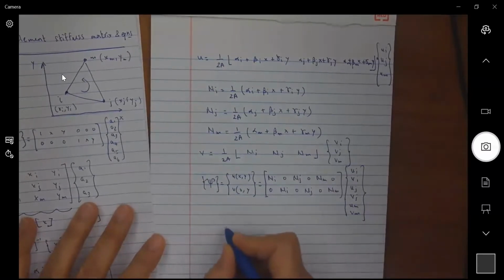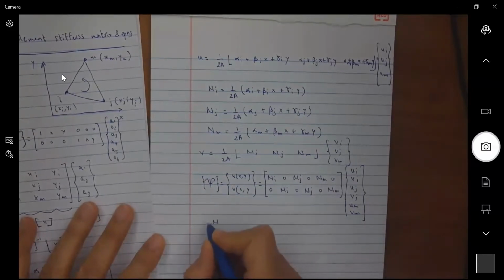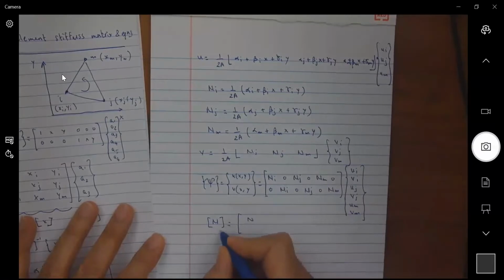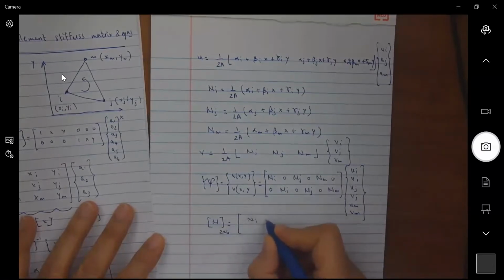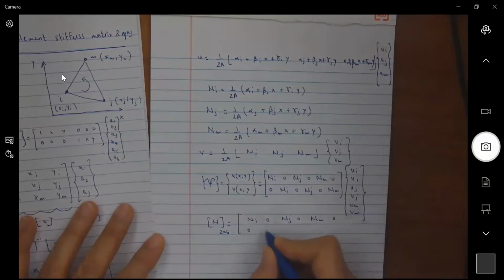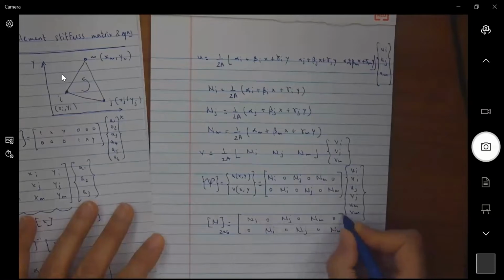We're going to call this n, make n function here, matrix is equal to, this is a 2 by 6. I have Ni 0, Nj 0, Nm 0, and 0, Ni 0, Nj 0, Nm.